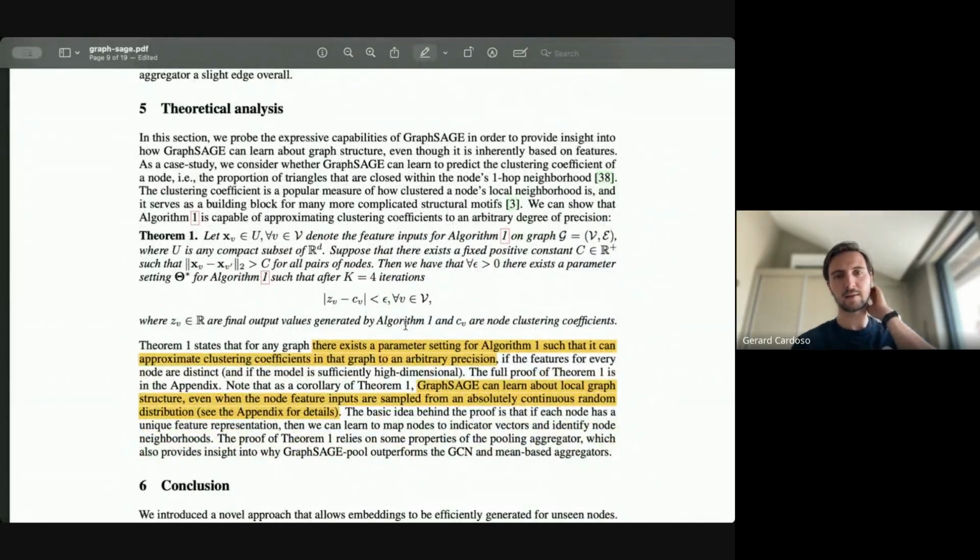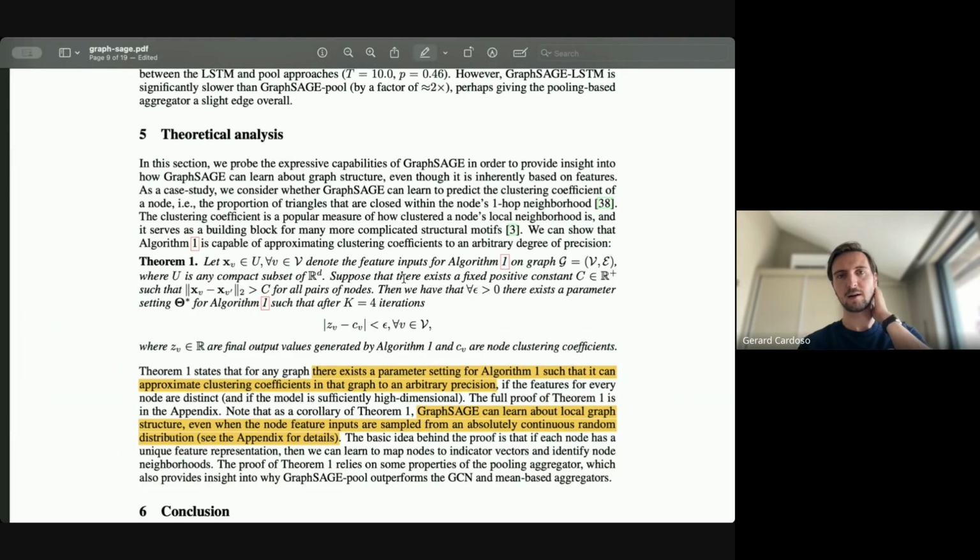Yeah, so I think this is the last bit which I mentioned earlier, where they do some kind of theoretical analysis to prove that GraphSAGE can effectively learn about graph structure, even though what we're pooling, or what we're aggregating, is node features. We're not adding any graph-like information to it.